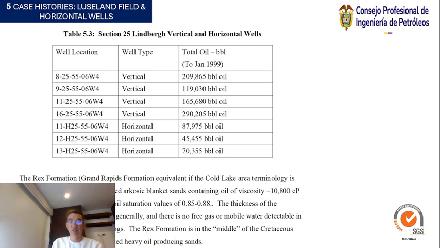The Rex Formation is in the middle of the Cretaceous group of unconsolidated heavy oil-producing sand.